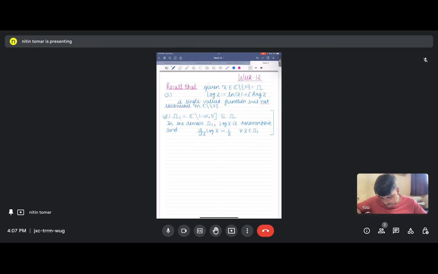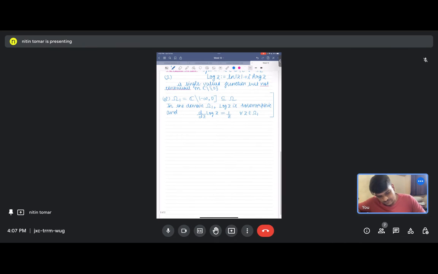Okay. So I just want to prove one more theorem about this. Then we will move to Picard's little theorem. We have seen that instead of removing the negative axis, you can remove any ray including zero.